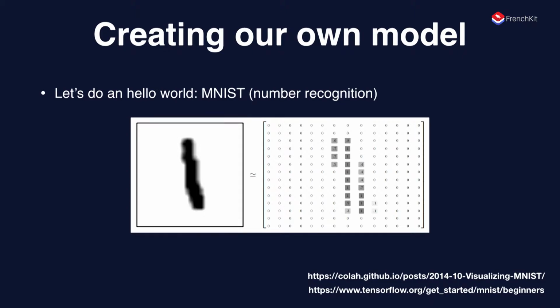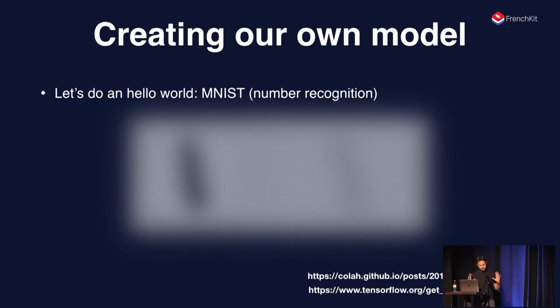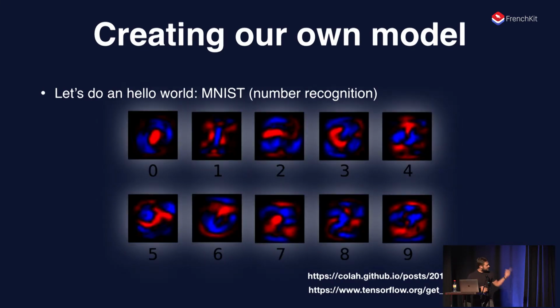In this example, we can represent a number by a simple matrix of 28 by 28 values. And what we will do is create a neural network. A neural network is basically finding an activation function, in blue, which will detect our number, and a negative function, which will say it's not our number.